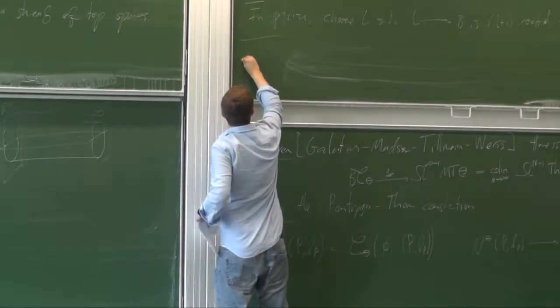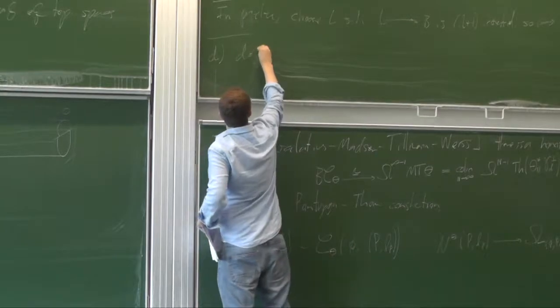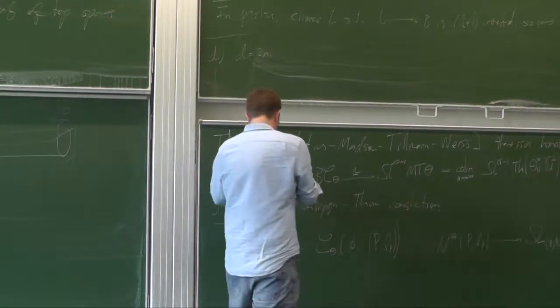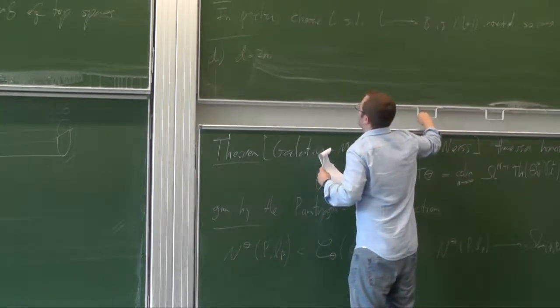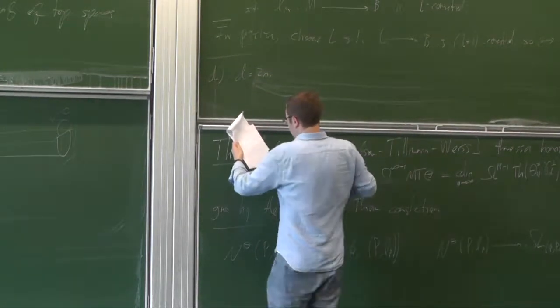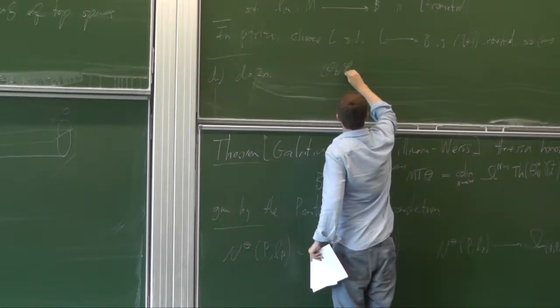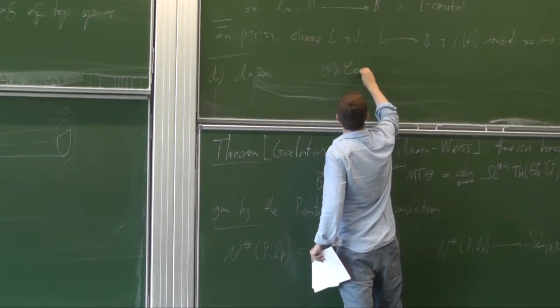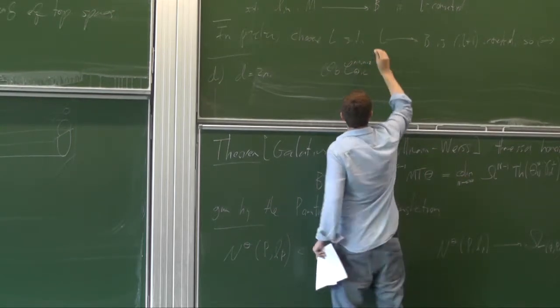And so finally, D. This is something you can only do when D is 2m, i.e. when D is even. Then I look at the objects of this category C, theta, L, n-1, n-2.